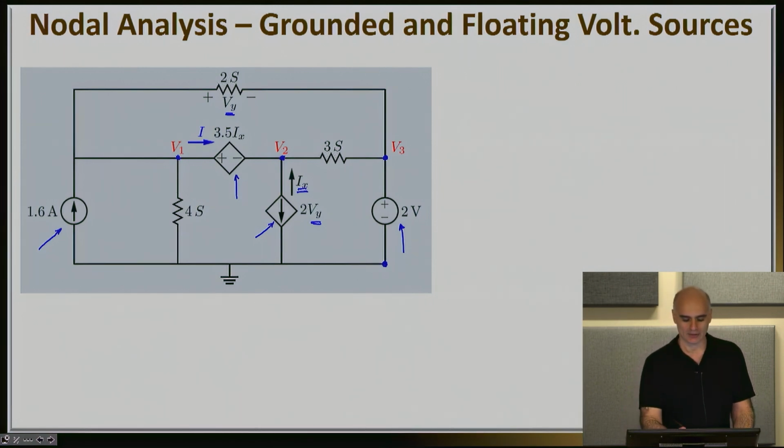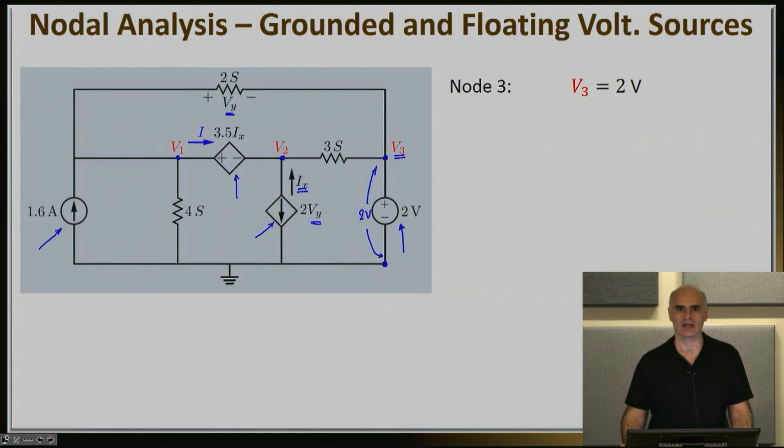It is because it is tied to a grounded voltage source. And since I'm guaranteeing 2 volts difference from V3 to ground, I can immediately say that V3 is 2 volts. So in other words, the nodal equation for node 3 is a freebie. You already know before you do anything else that V3 will be equal to 2 volts.